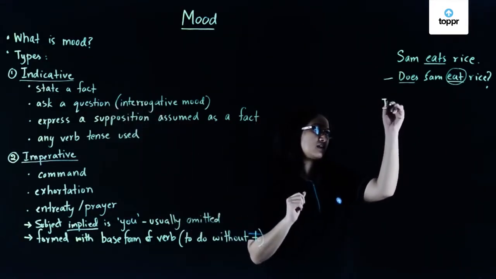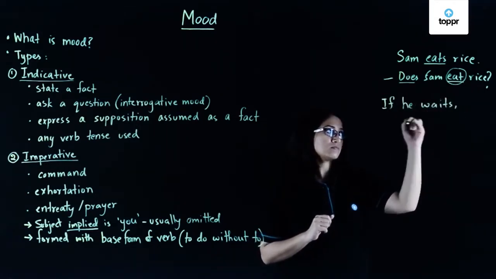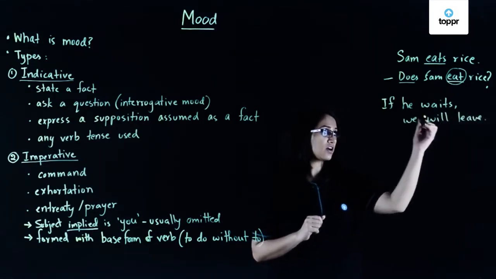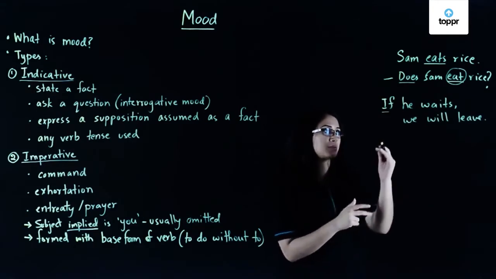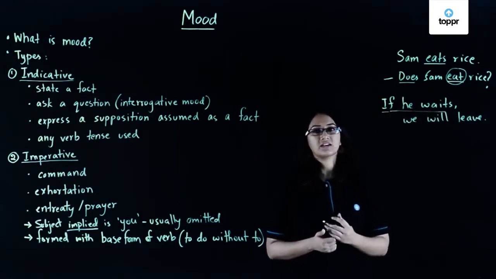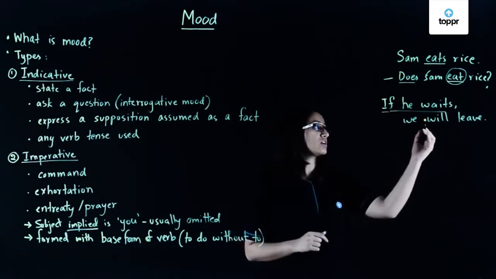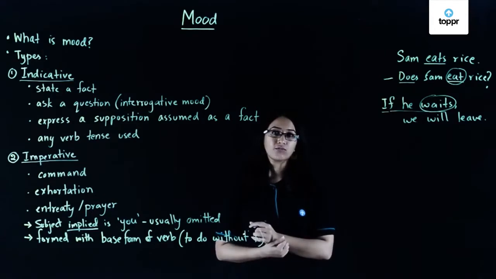So let's say I say, if he waits, we will leave. So here, if is showing me that I'm assuming something, that if he waits, it's not really true since we're just assuming it to be true. So then waits would be in the indicative mood.